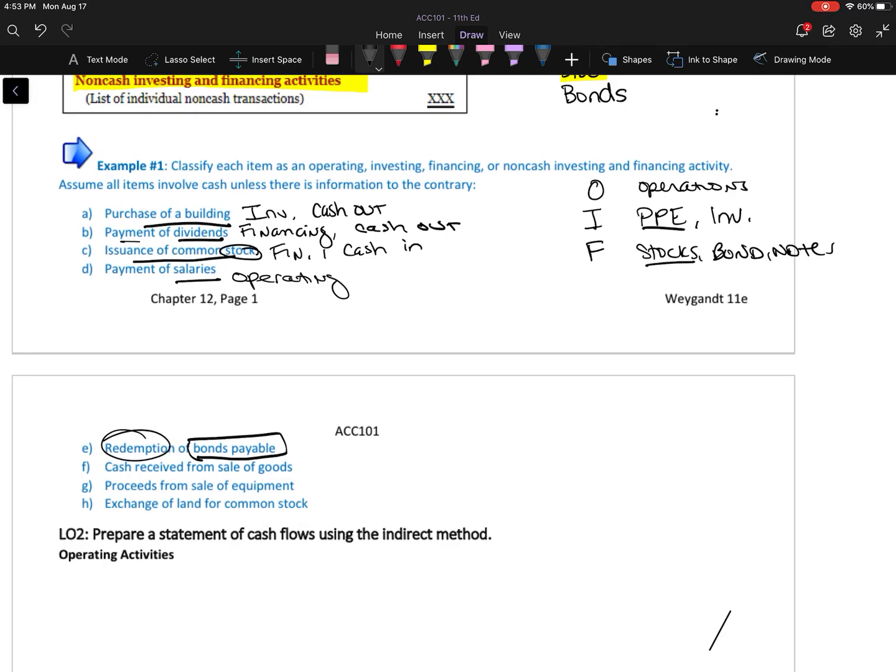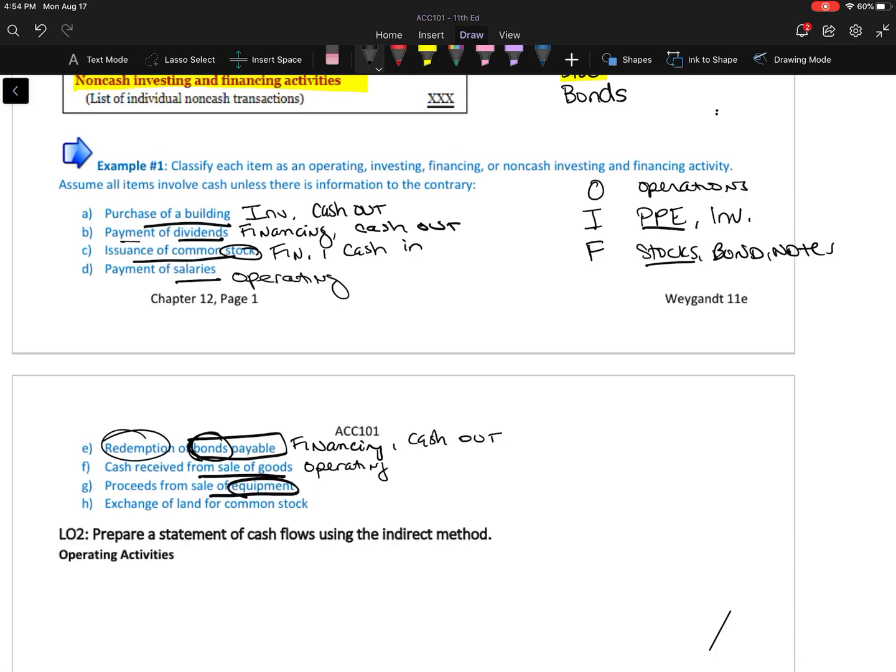What does that mean? Redemption means we're paying back the bonds payable. We're redeeming them or paying them off. And I know that's a tricky accounting word, but we're paying off the bonds payable. So that's going to be a financing, because we know bonds is financing, and it would be cash out or decrease.